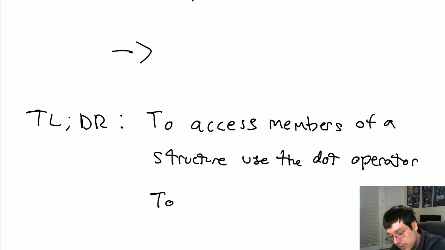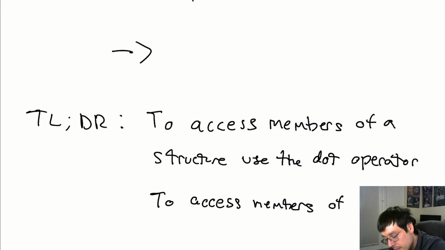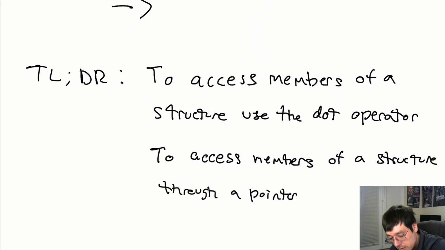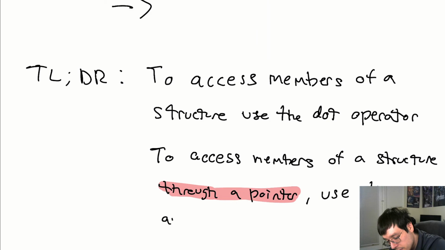To access members of a structure or a class through a pointer, through a pointer, use the arrow operator. Okay, so that's your rule of thumb, like your words to live by.